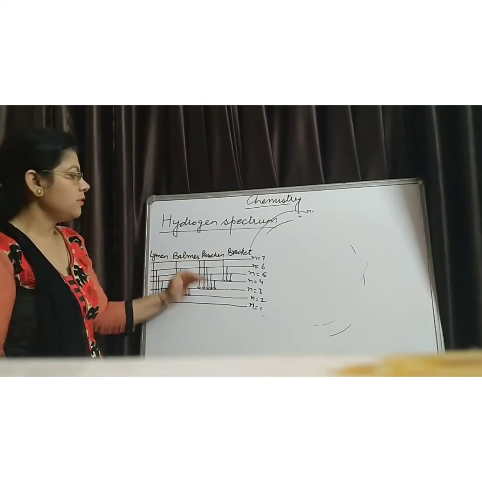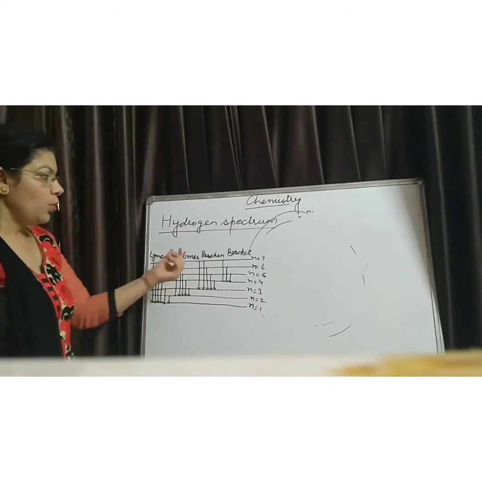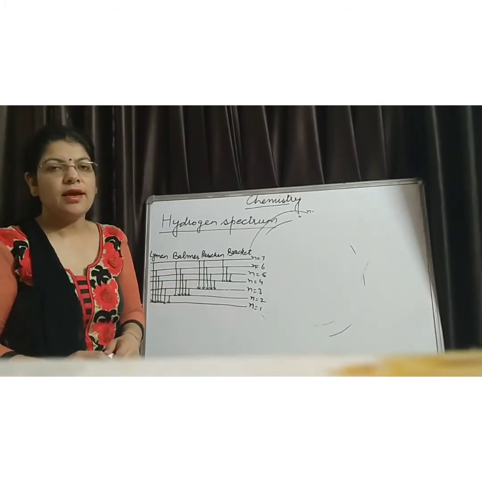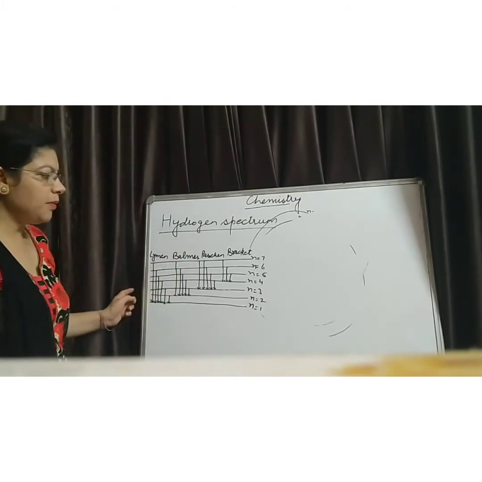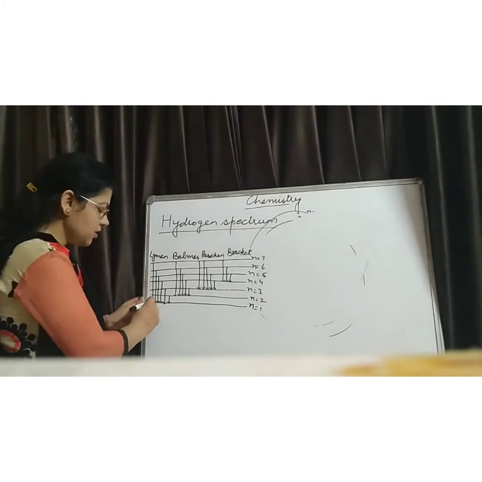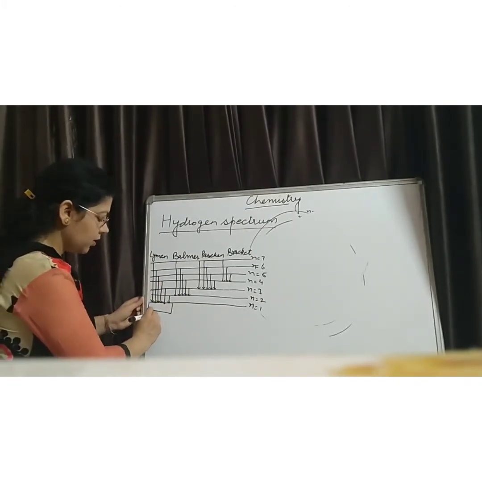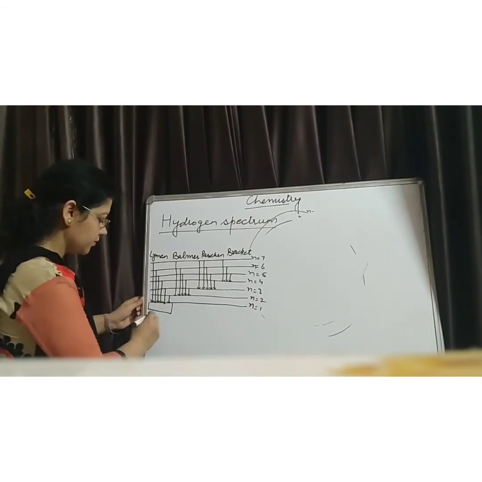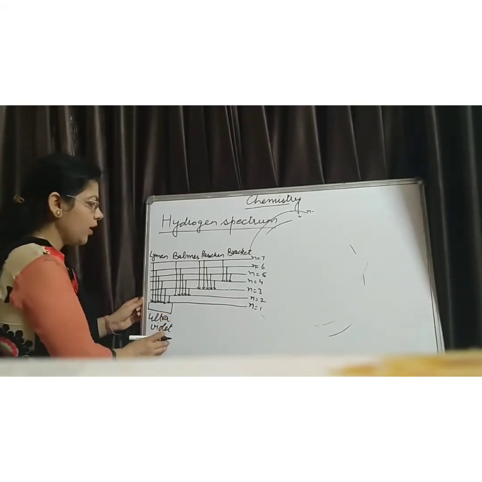This spectrum is known as the hydrogen spectrum because we study these radiations for the single electron of the hydrogen atom. The Lyman series for the hydrogen atom falls in the ultraviolet region.